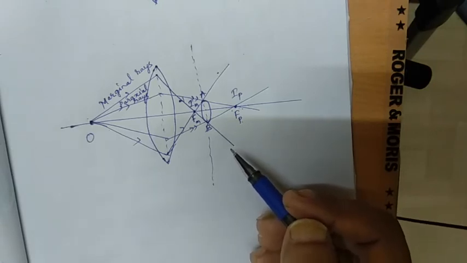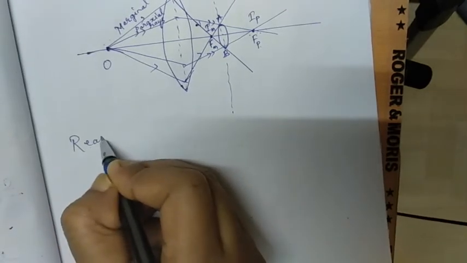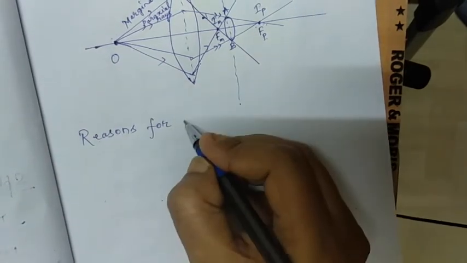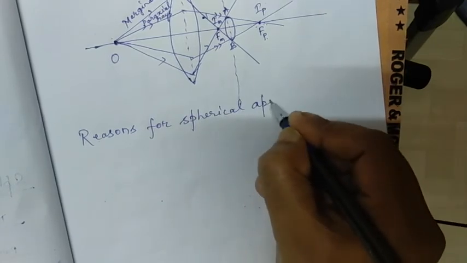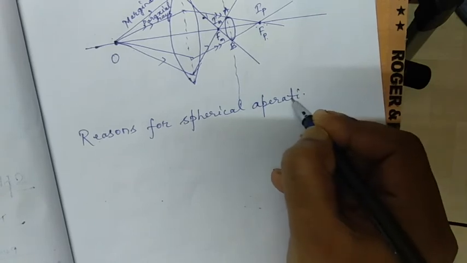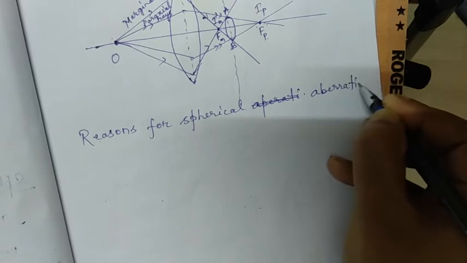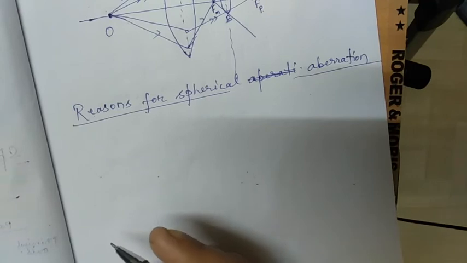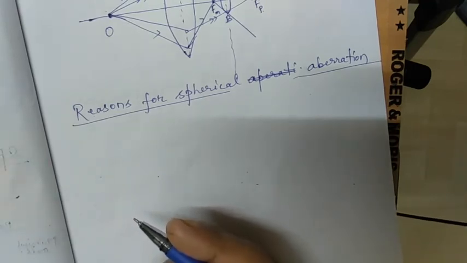Now what will be the reason for this spherical aberration? Suppose you are considering a very large aperture lens.